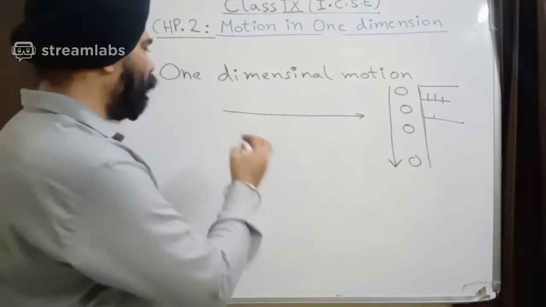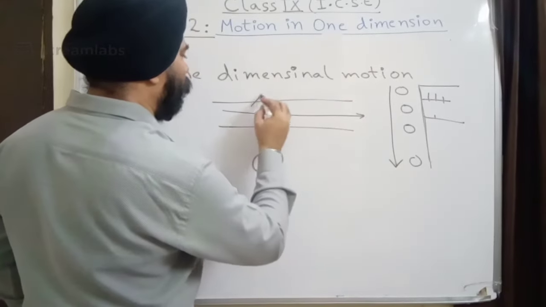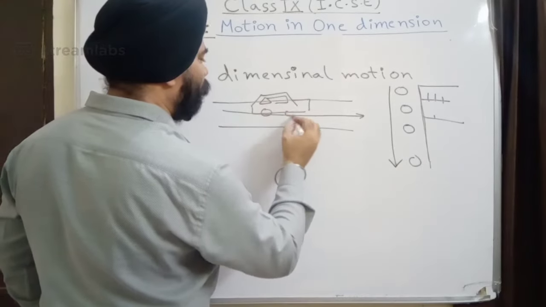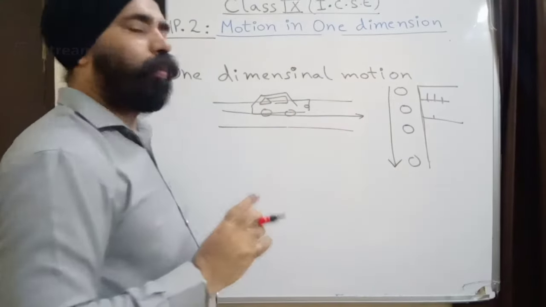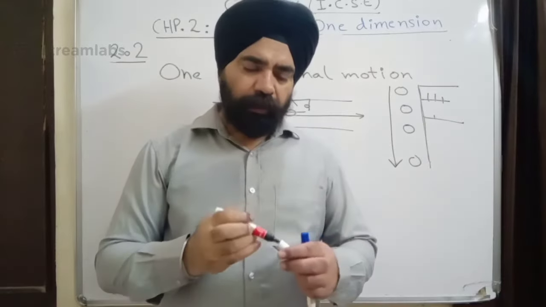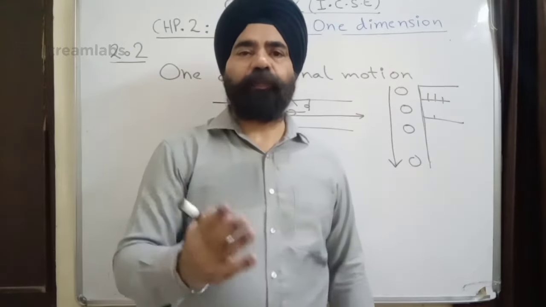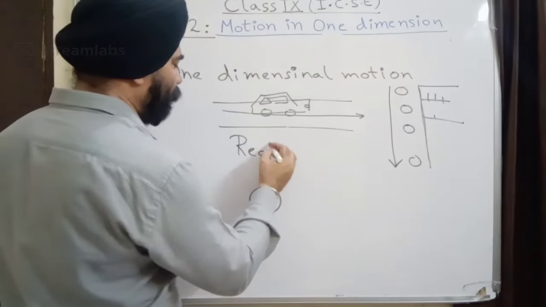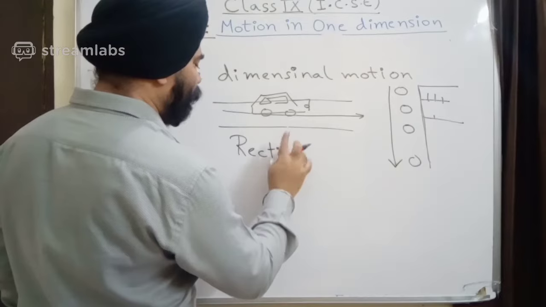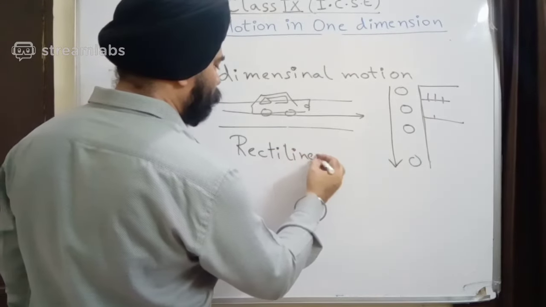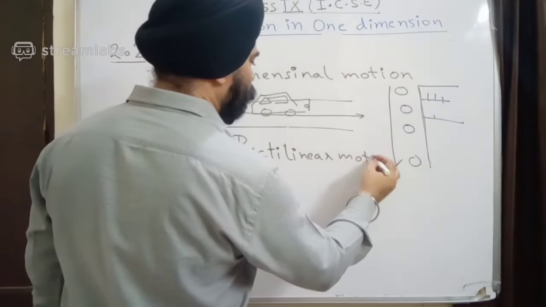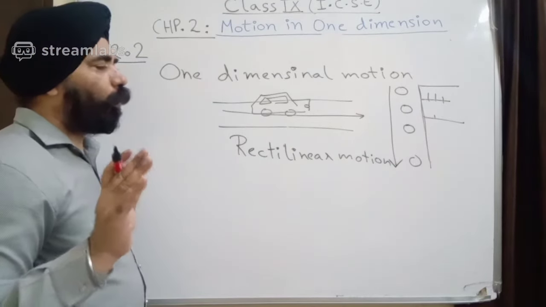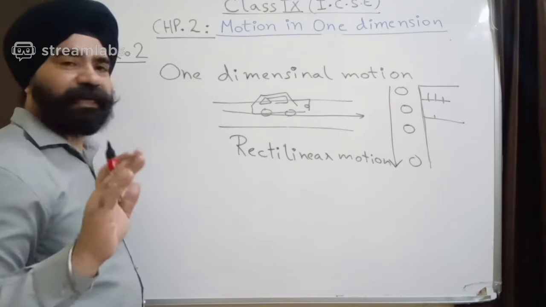A car is traveling on a highway which is straight, without any turns, then this is one dimensional motion. So if a body is traveling in a straight path, we call it one dimensional motion, or we also call it rectilinear motion. Right, very simple.